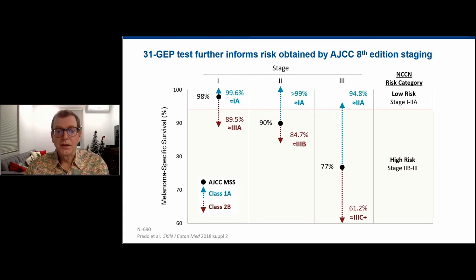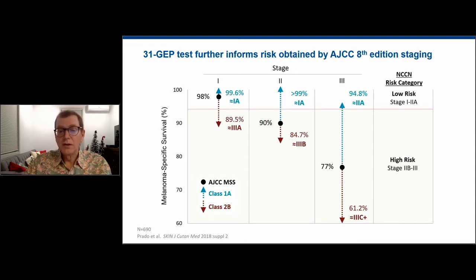Interestingly, if you look at our stage 2 patients who have a gene expression profile class 1A, their melanoma-specific survival goes up almost as high, to greater than 99%. And so these are patients that you could consider doing less for, once again, employing an approach that only uses a dermatology-centered treatment plan for these patients.